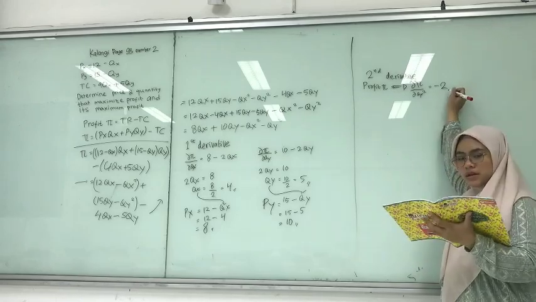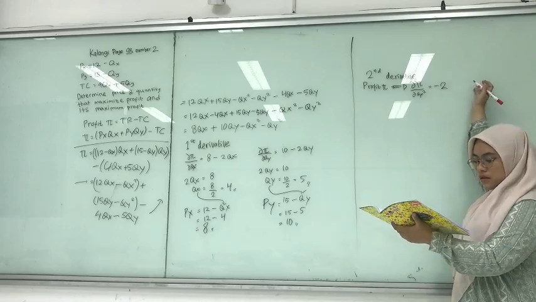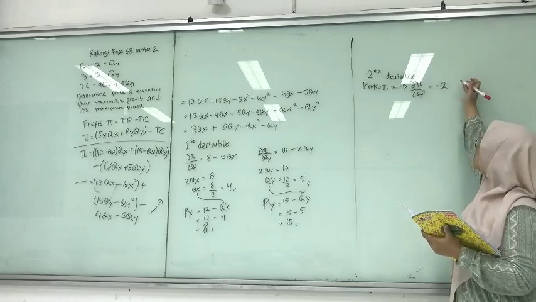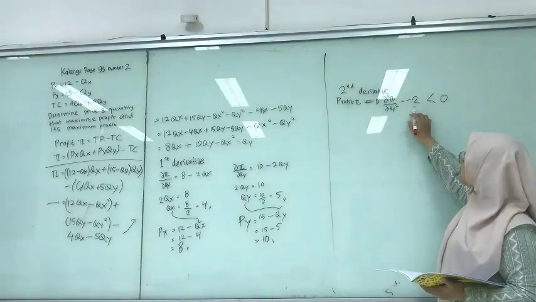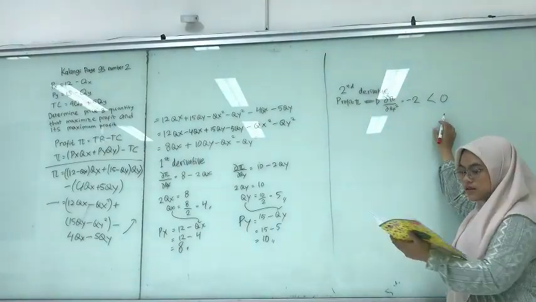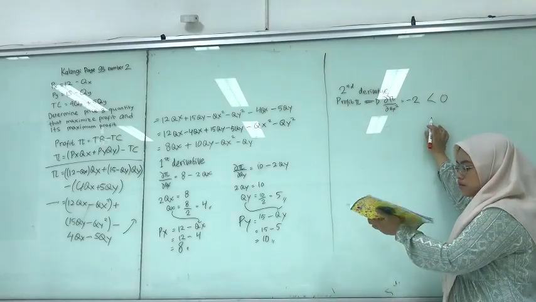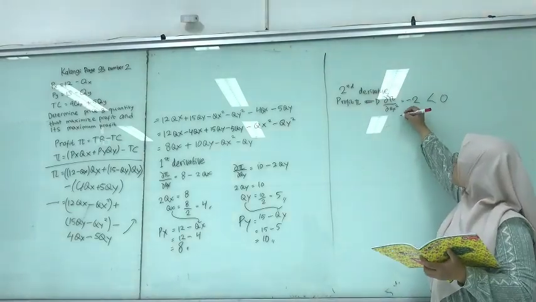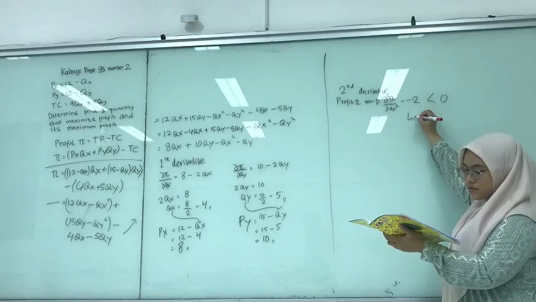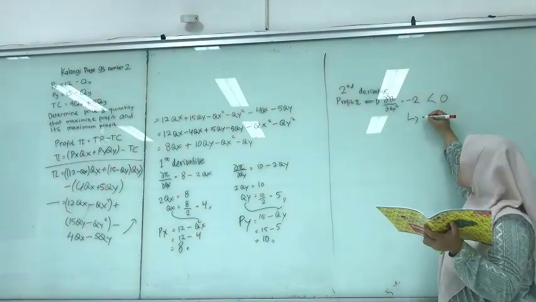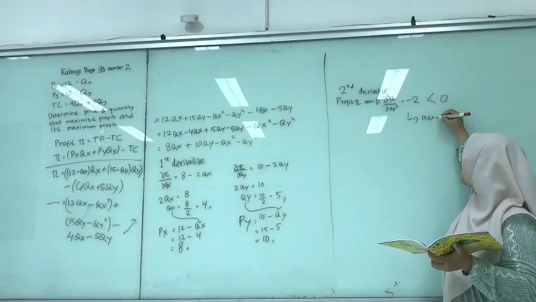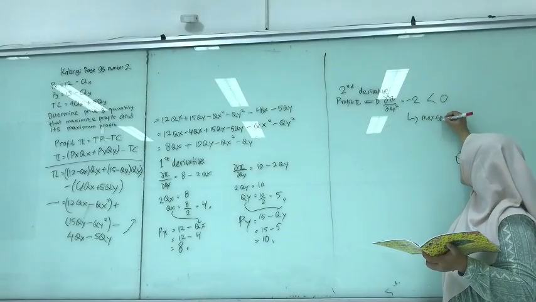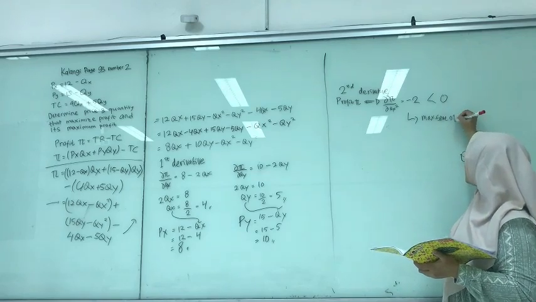Because this is minus 2, less than 0, this is the maximum point of profit.